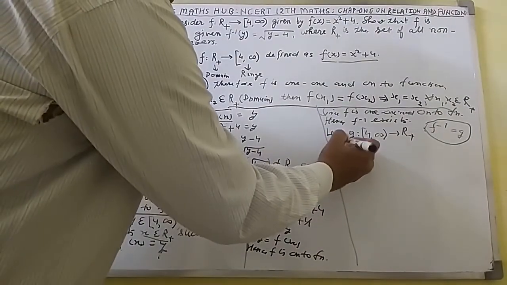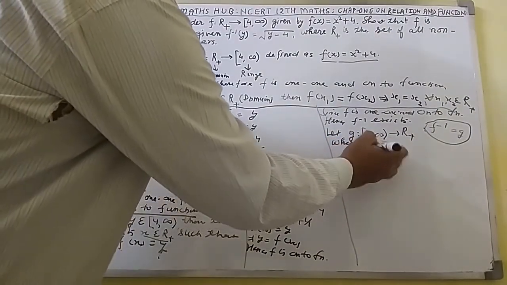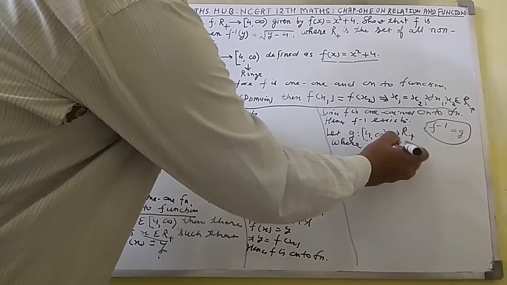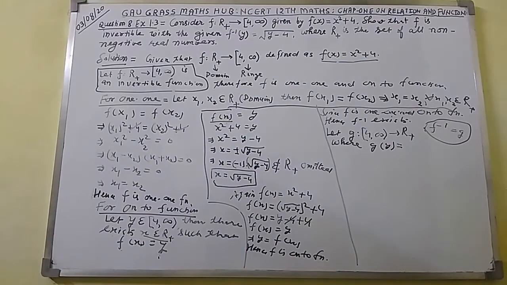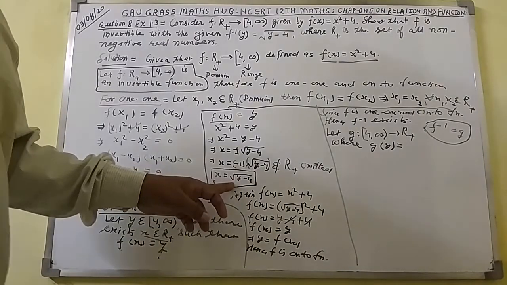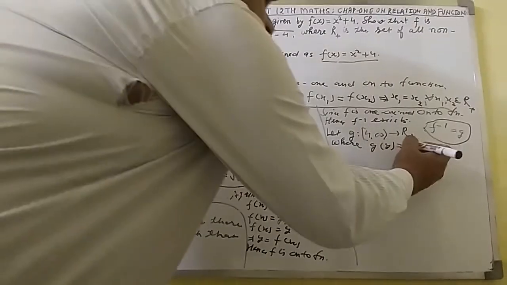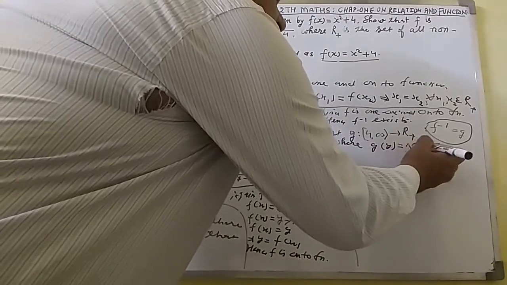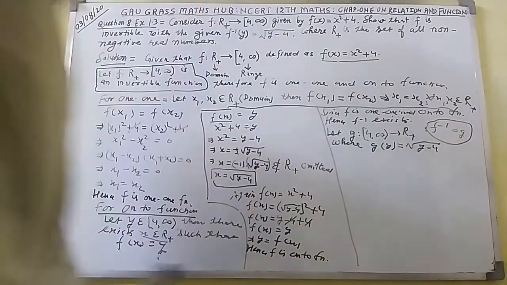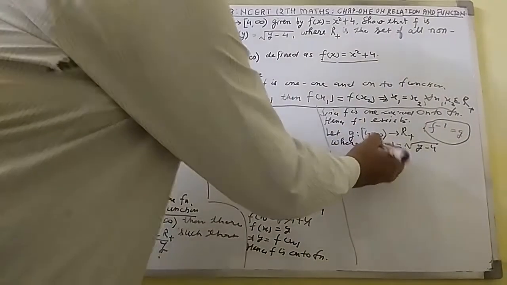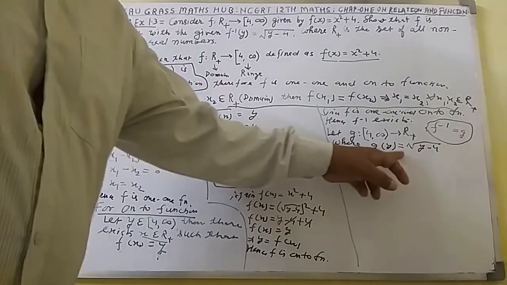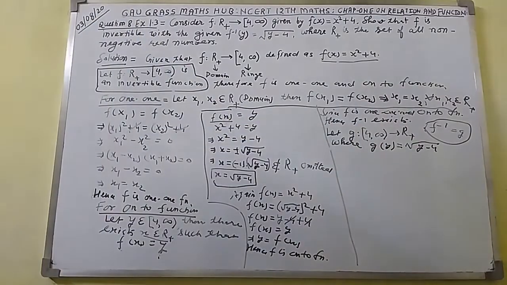Where g(y) equal to under root y minus 4. So where g(y) equals under root y minus 4 comes out.